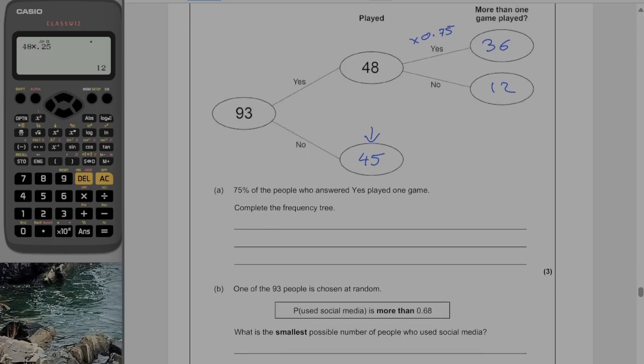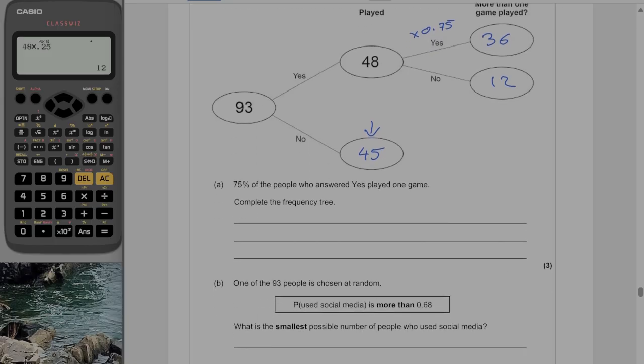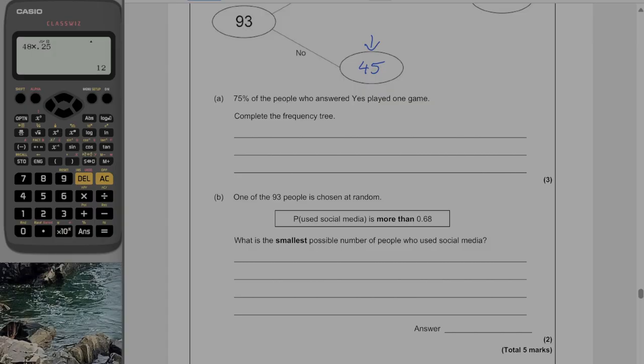Right, one of the 93 people is chosen at random. The probability that they use social media is more than 0.68. What is the smallest number of people who used social media? If we call the number that use social media x for now, then x over 93 has to be more than 0.68.